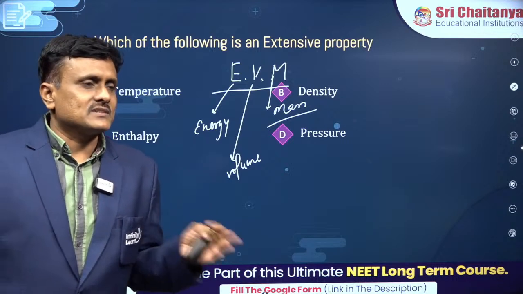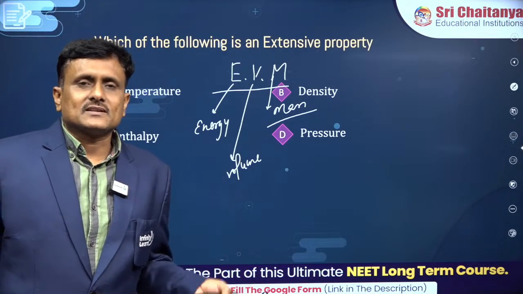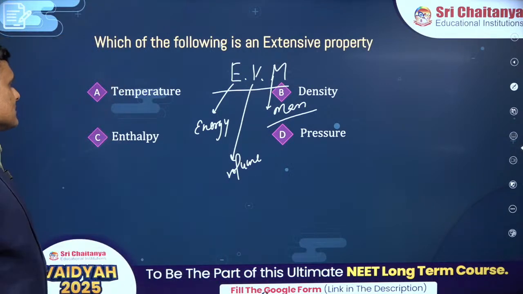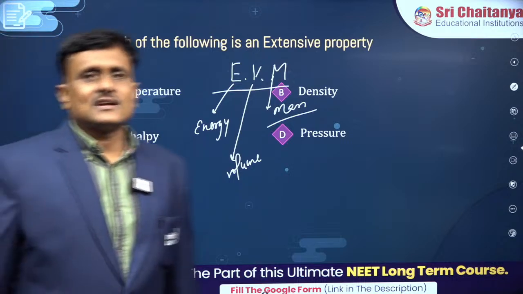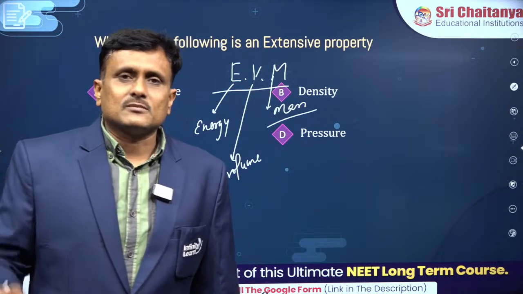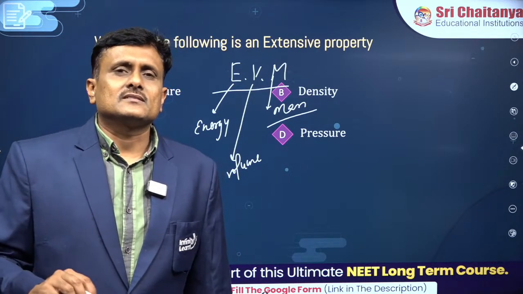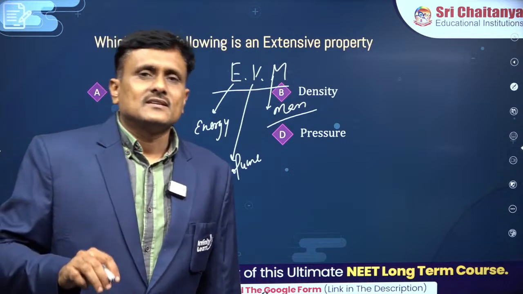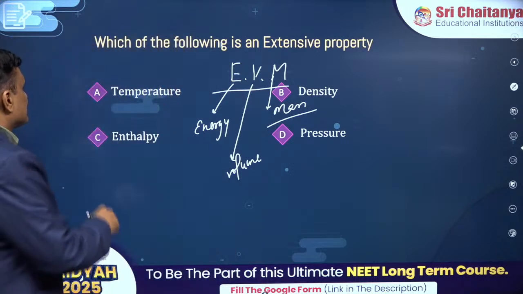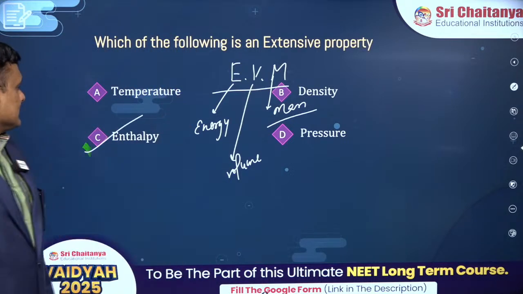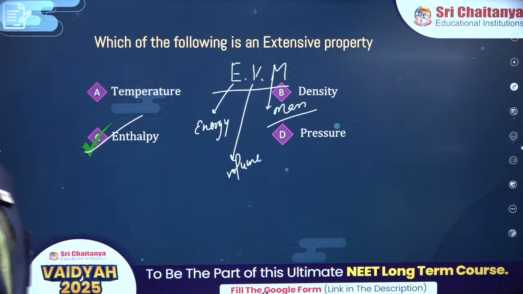Pressure is intensive, no? It is independent, for the gas we are talking about. Don't think that PV equals nRT, sir, so P is directly proportional to the number of moles. No, not like that. This is contextual, in reference to something. Okay, Moksh, do you understand what I said?